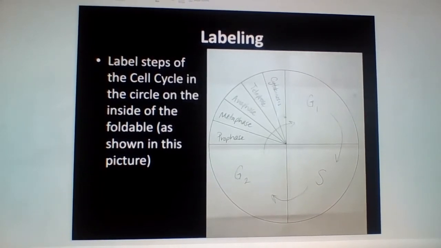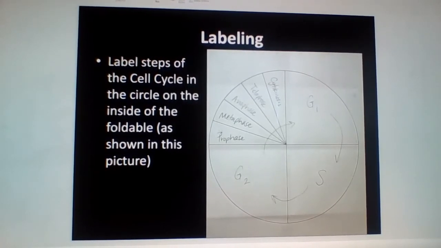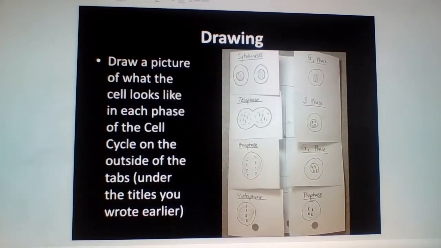It's going to look like this. You make a circle. You're going to put the G1 phase with an arrow to the S phase, the G2 phase, and then the final phase will have the sections of mitosis, prophase, metaphase, anaphase, telophase, and cytokinesis. Then we'll move on to the drawing.